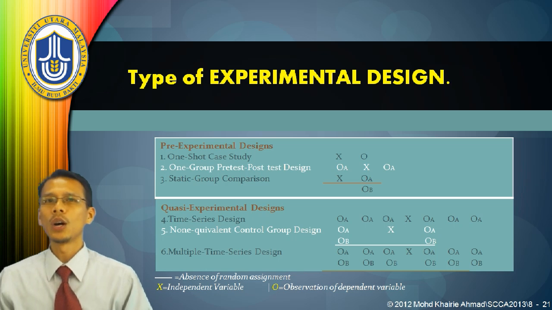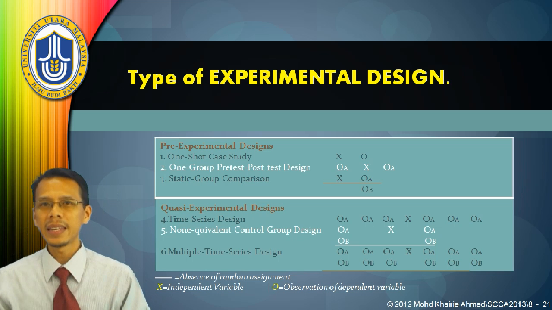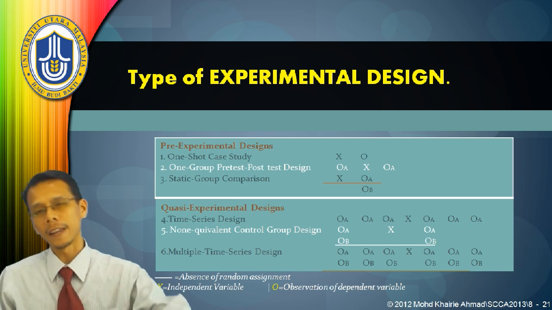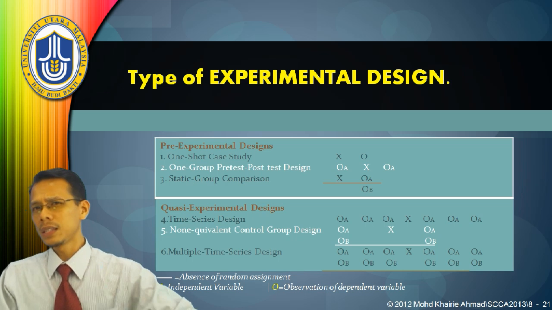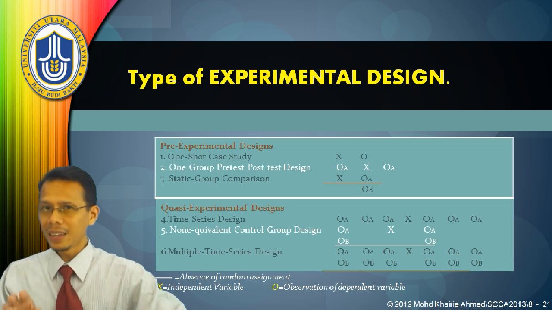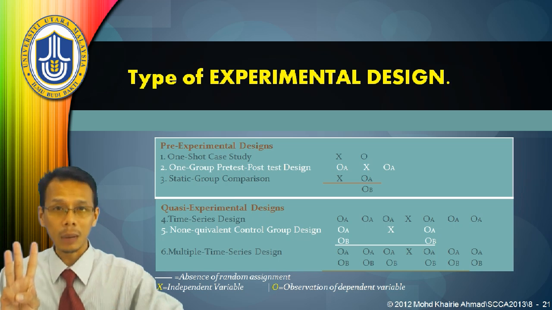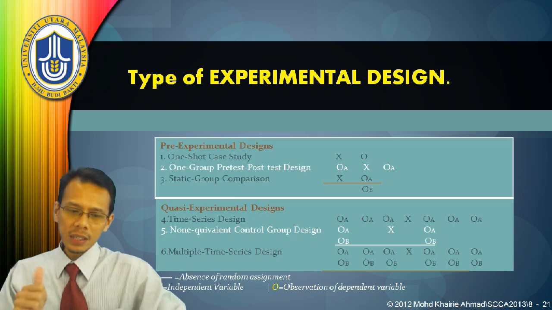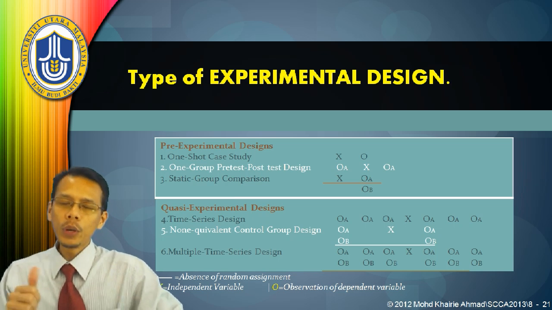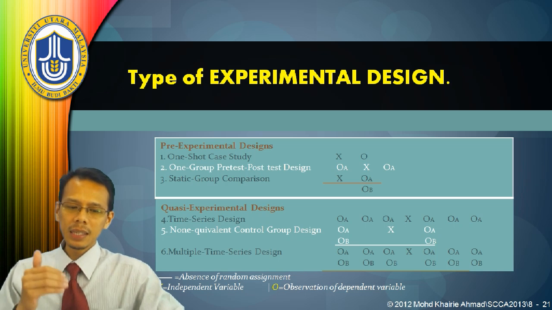This is what we call quasi-experimental design. For this quasi-experimental design, again, there are three types. The first type is the time series design.